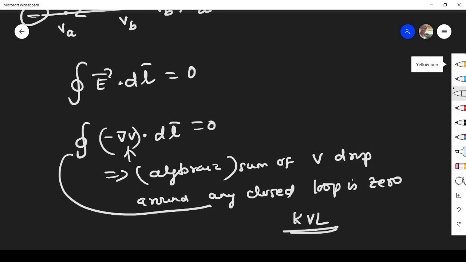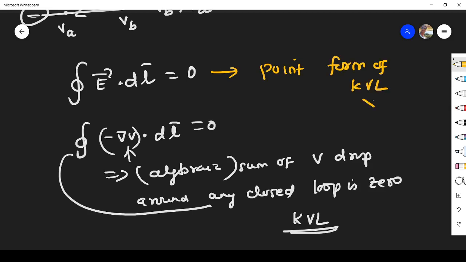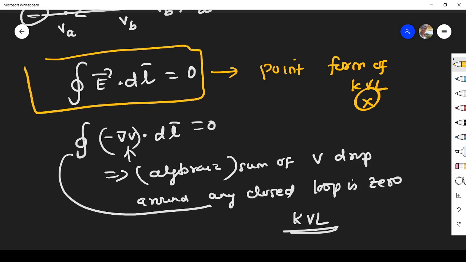So this equation is known as the point form of KVL. Very important to mark. Right? The point form of KVL is a most crucial question, right?